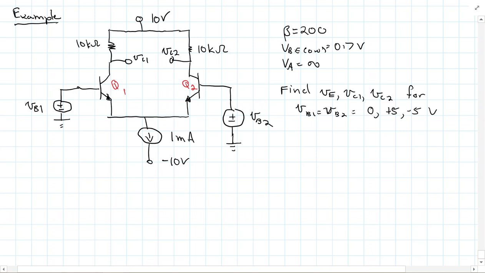So first off, this is very important here. What voltage mode are we in?